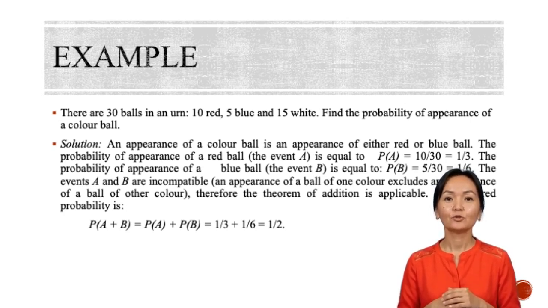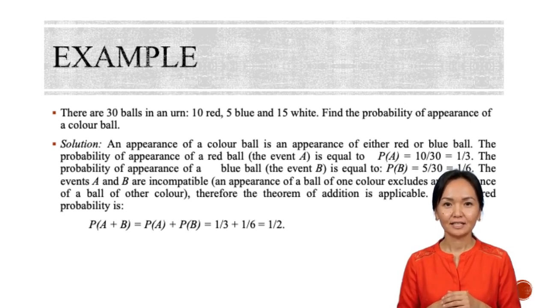The probability of drawing a blue ball is 5 out of 30, which simplifies to 1/6. These two events are incompatible because drawing a red ball and drawing a blue ball in a single draw are mutually exclusive outcomes. So we apply the addition theorem. 1/3 plus 1/6 equals 2/6 plus 1/6, which is 3/6 or 1/2.